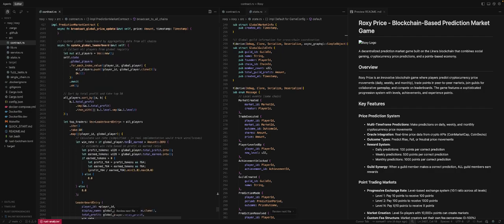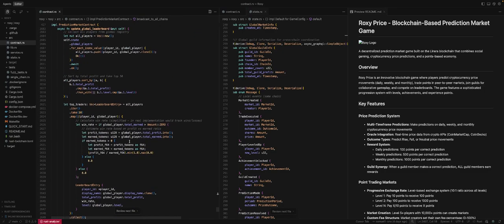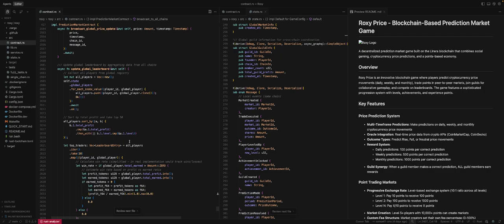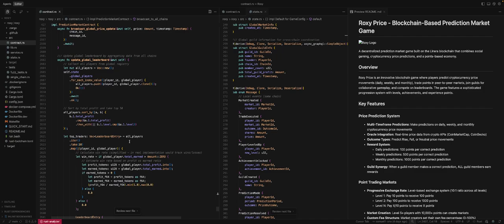What I did here was make the leaderboard update periodically. As I explained earlier, it updates every 30 seconds, or whenever there's a cap of 10 players that made state changes or got points. It iterates through all the players and checks if 10 players have new points, then you update the leaderboard. This is basically to maintain scalability in the game.